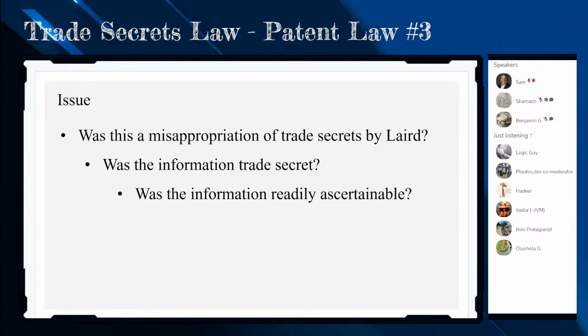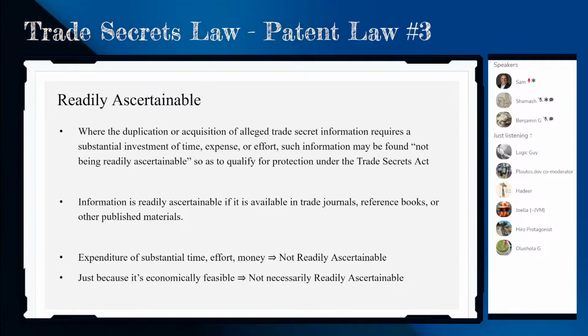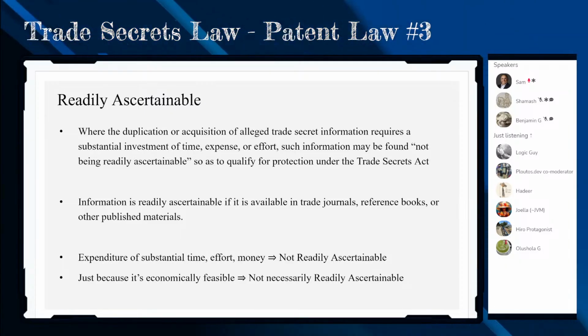The court says not so fast, because on slide 11, where the duplication or acquisition of alleged trade secret information requires a substantial investment of time, expense, or effort, such information may be found not being readily ascertainable.